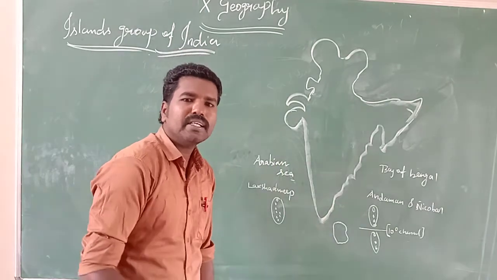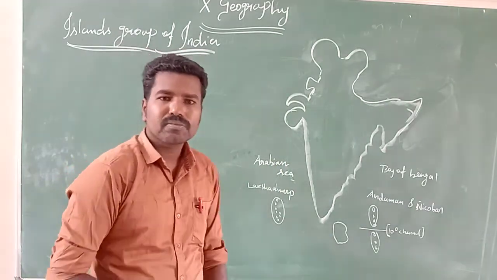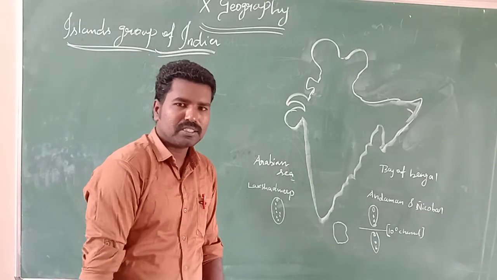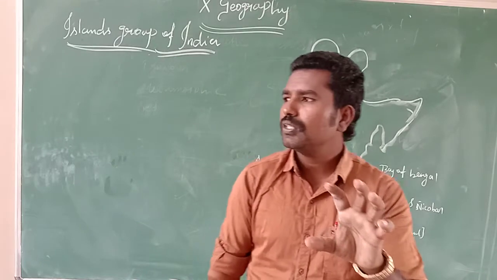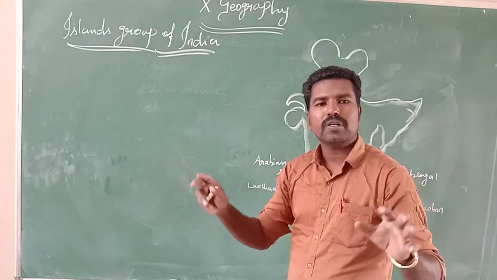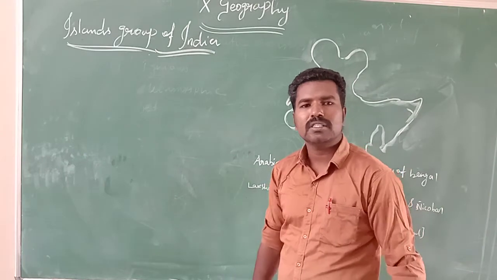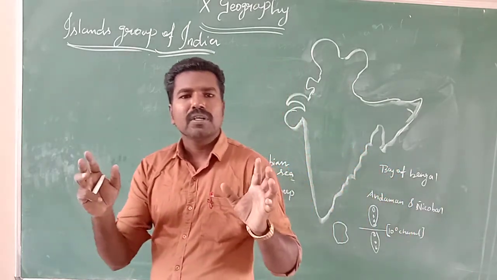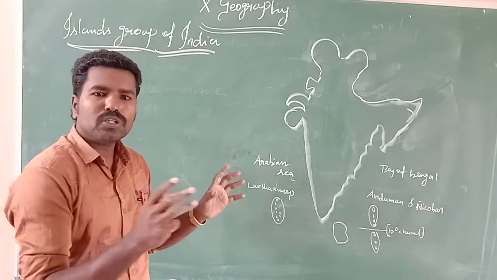The Andaman Nicobar Island group was originated by tectonic activities and volcanic activities. Actually, what are tectonic activities? Tectonic activities concern the lithosphere. We already studied the tectonic activity concept in 9th standard. The lithosphere is the solid outer part of the earth.